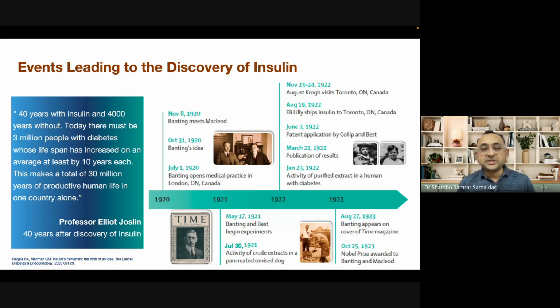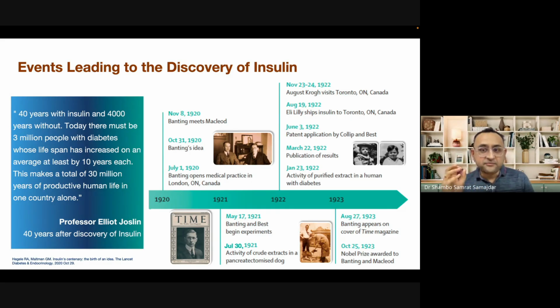So, what are the important landmark events that happened? November 8, 1920, the first time Banting meets McLeod. On 31st October, Banting had that idea, and Banting opens a medical practice in London in the 1920s. He also visited Toronto in 1922.